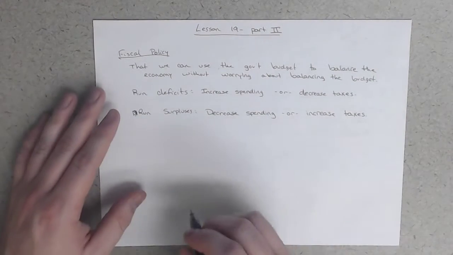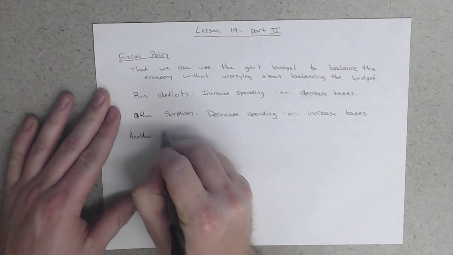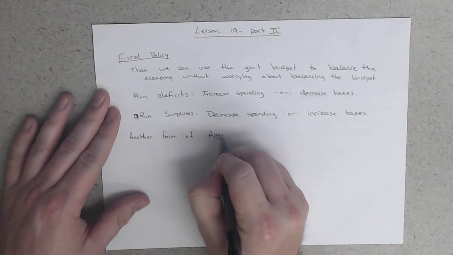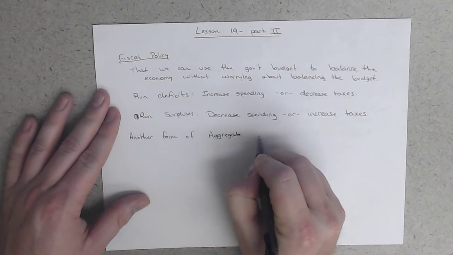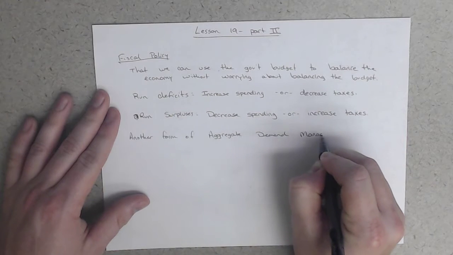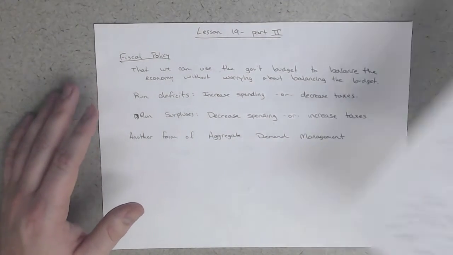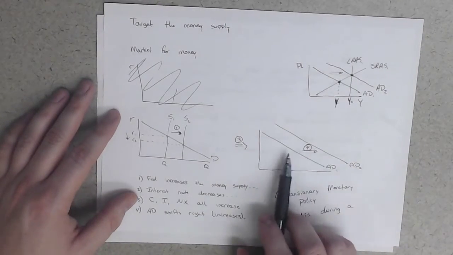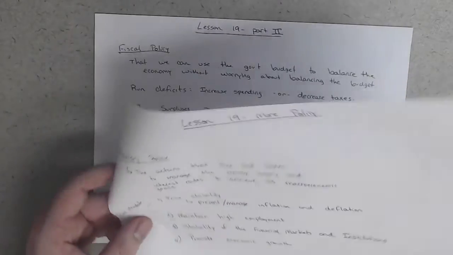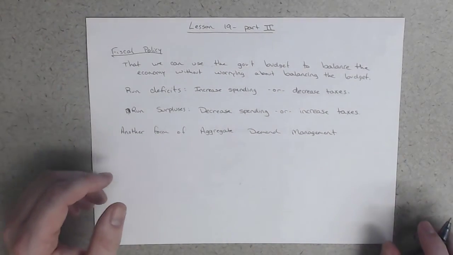And this is another form of aggregate demand management. Just like monetary policy managed aggregate demand during times of booms and busts, depending on what we wanted to accomplish, so too can fiscal policy.